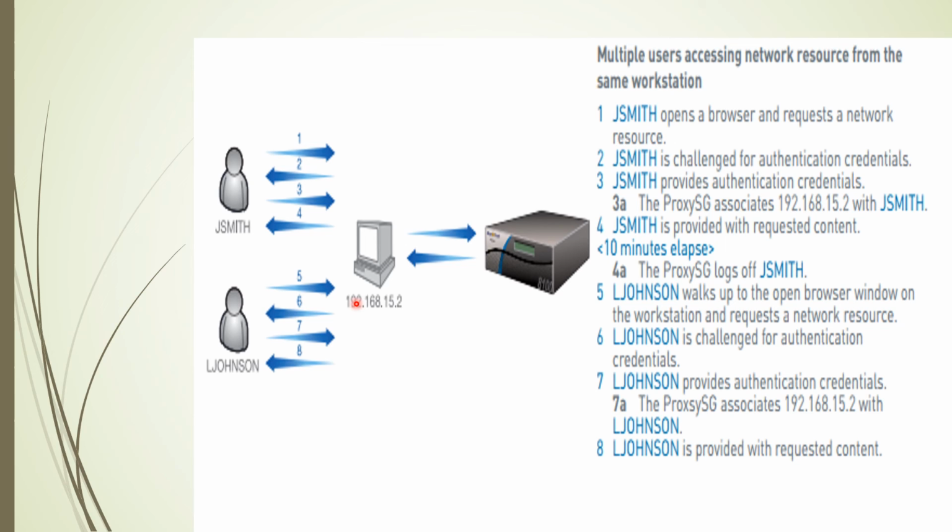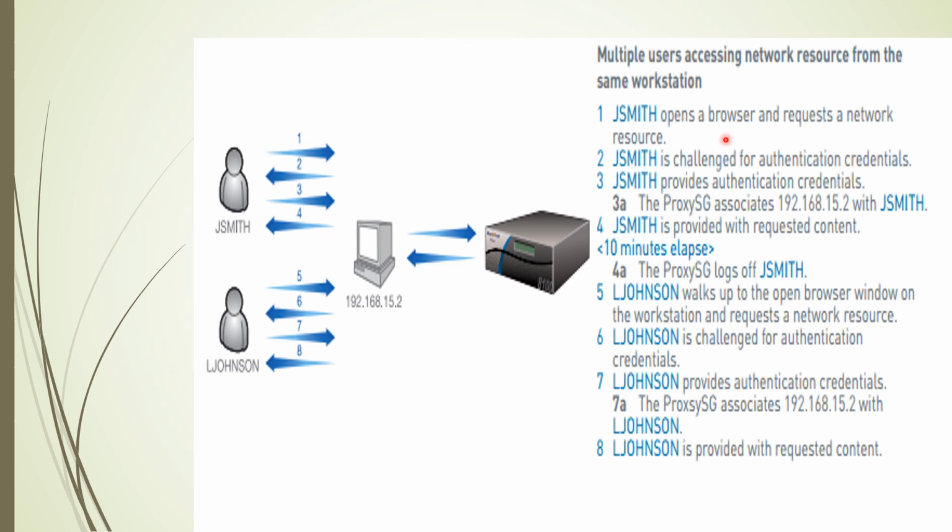To restrict the number of logins associated with a particular IP address to only one, the administrator creates a policy that implements a cookie-based authentication mode and allows one login per IP address at most. Here consider this example: multiple users accessing a network resource from the same workstation.